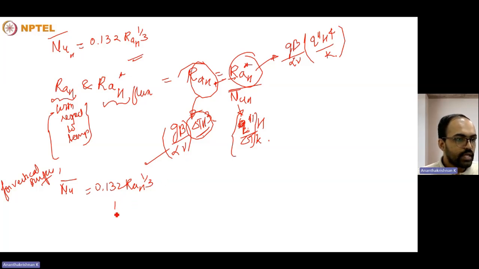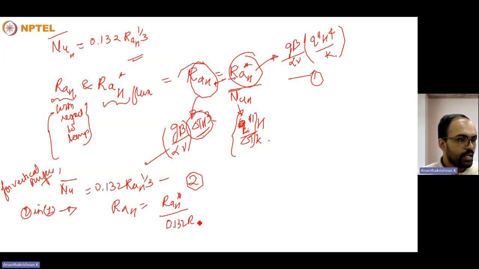Based on this, the Rayleigh number can be calculated by substituting the value of the Nusselt number. Rayleigh number with respect to H is equal to Rayleigh number with respect to flux divided by 0.132 Rayleigh number raised to 1 by 3.